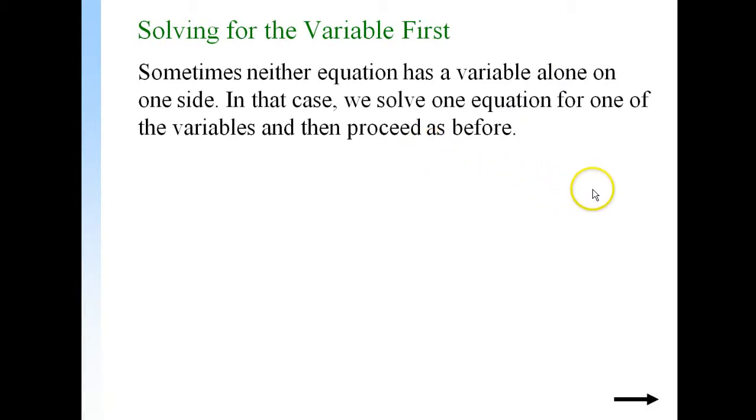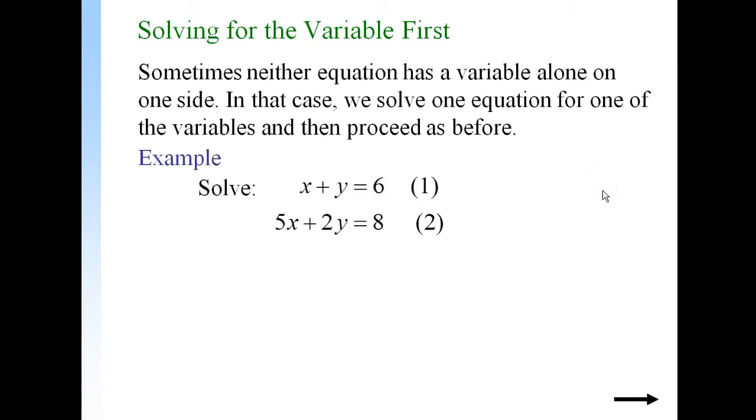Now, let's take a look at this one, because sometimes you'll have an equation in standard form, and you have to solve for either x or y. Let's take a look. And here's a case where you have x plus y equals 6. This is in standard form.